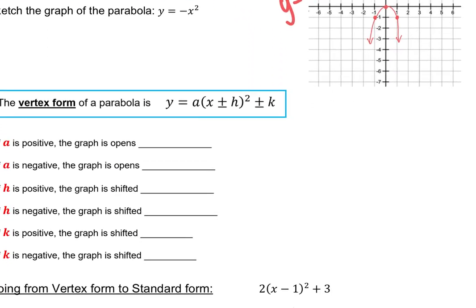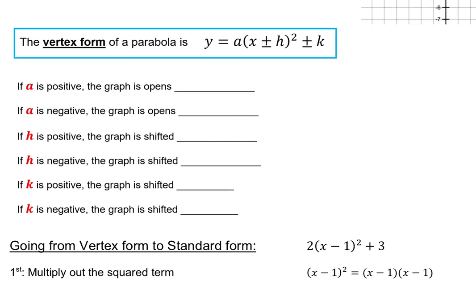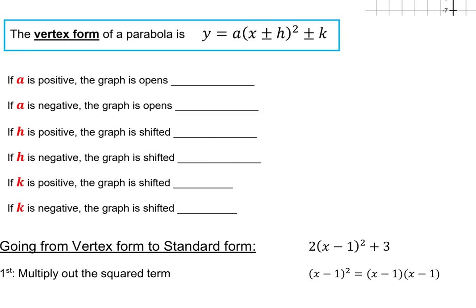Okay, so let's recap everything we just did. The vertex of a parabola is, and this is the equation here. Go ahead and highlight this. Now, you know all of this information. We're just going to go through each one because each one is represented by a letter.